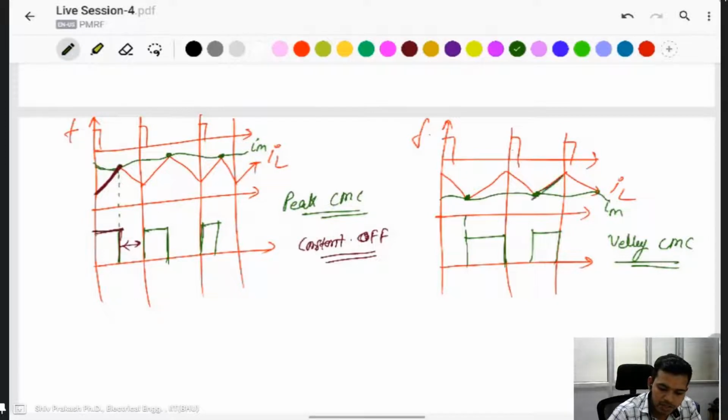This condition can depend on the... This Valley CMC is known as the constant on time.